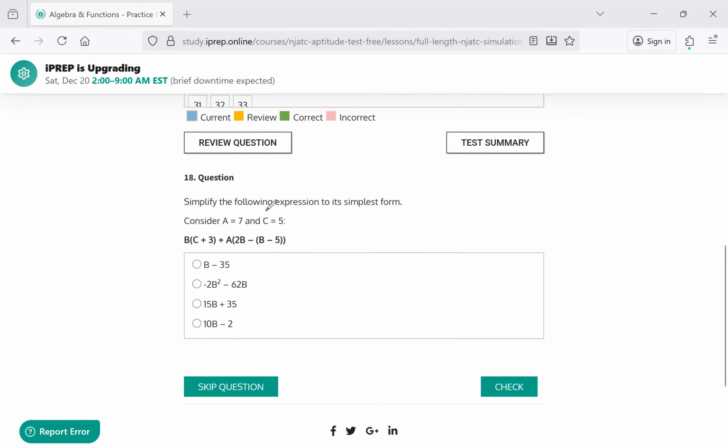So, let's see, a is 7, c is 5, so it's going to be b, and then c is 5, so it's 5 plus 3 plus a, and then it's parentheses 2 times b minus b minus 5, so b is, sure, minus 5.